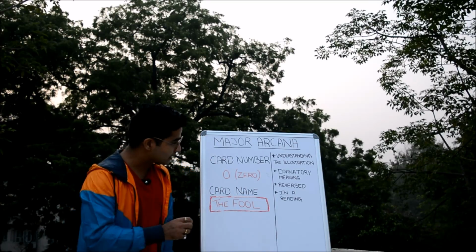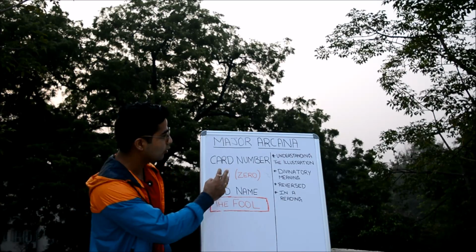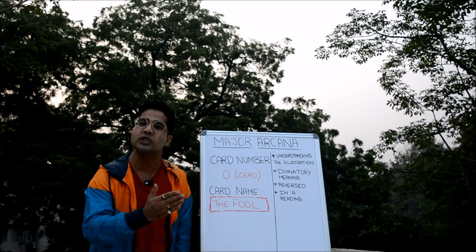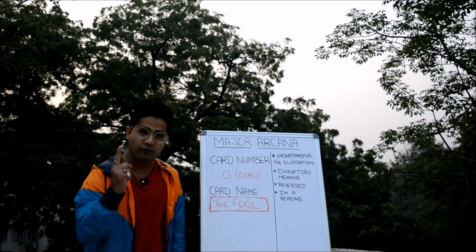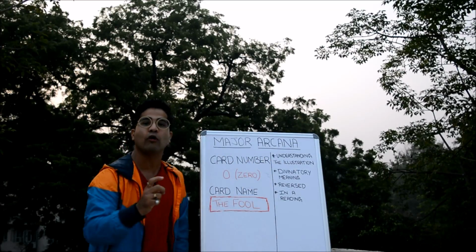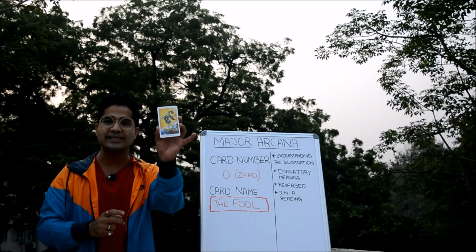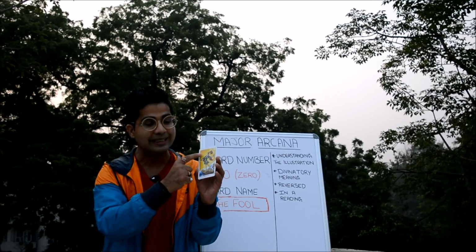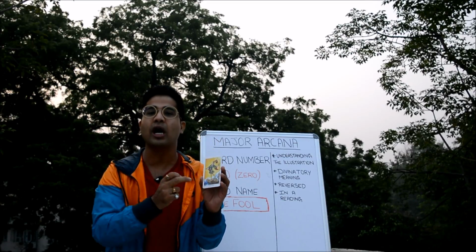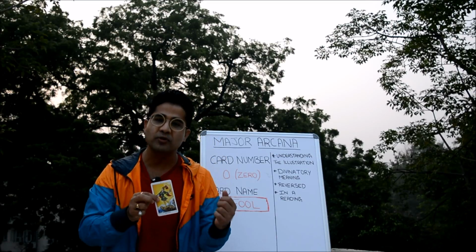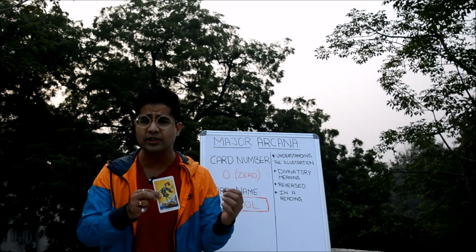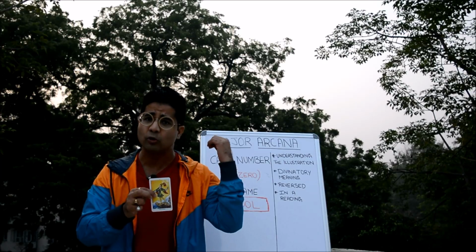To begin with, I have divided the discussion on each major arcana card into 4 parameters. First, we'll try to understand the meaning of the illustration. As you can see, this is the Fool card. These illustrations are the treasure house of all the mysteries, philosophies, religions, and all kinds of magic ever known to mankind.